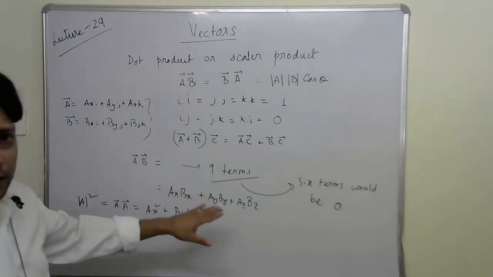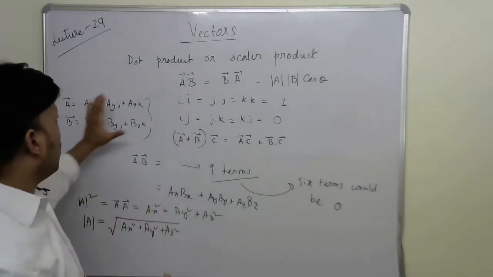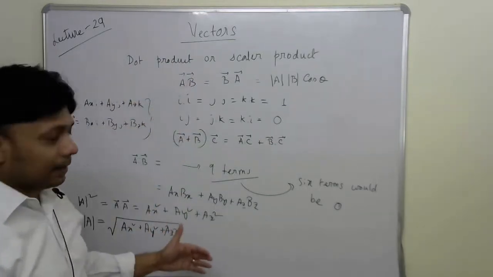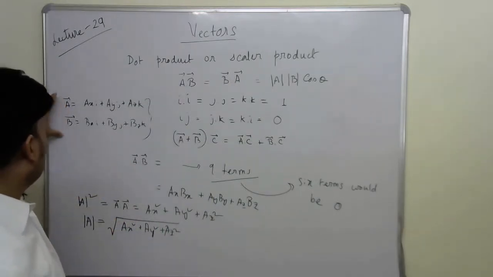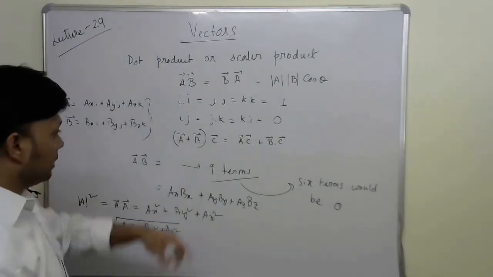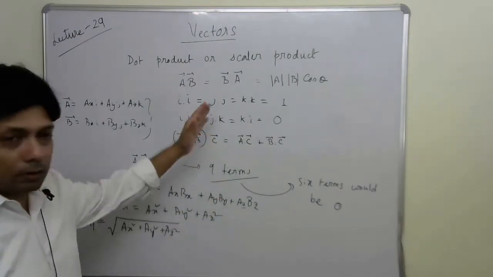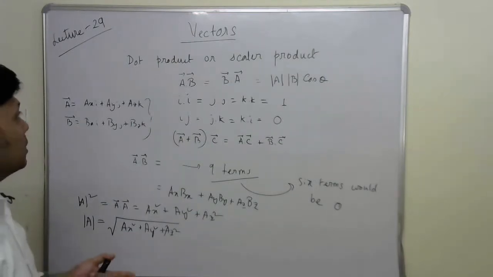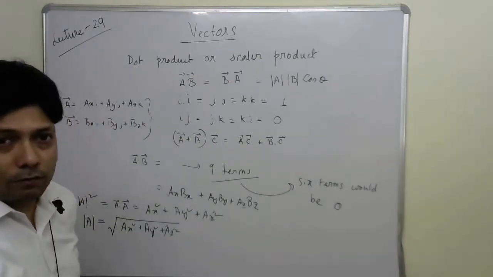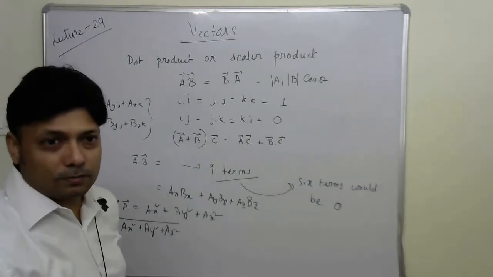So these are the pretty basic features of the dot product or scalar product of vectors, and we have represented the two vectors A and B like this. I hope you are now very familiar with this. So now let's move on to the cross product or the vector product of vectors.